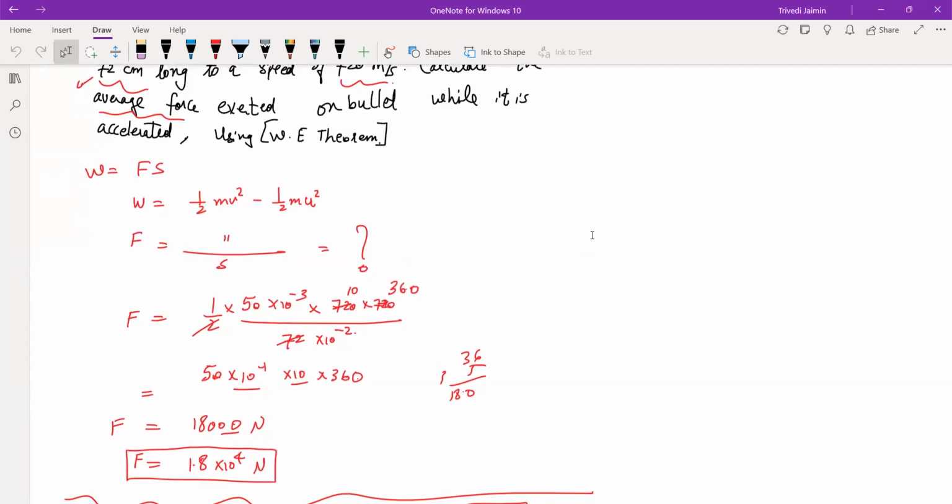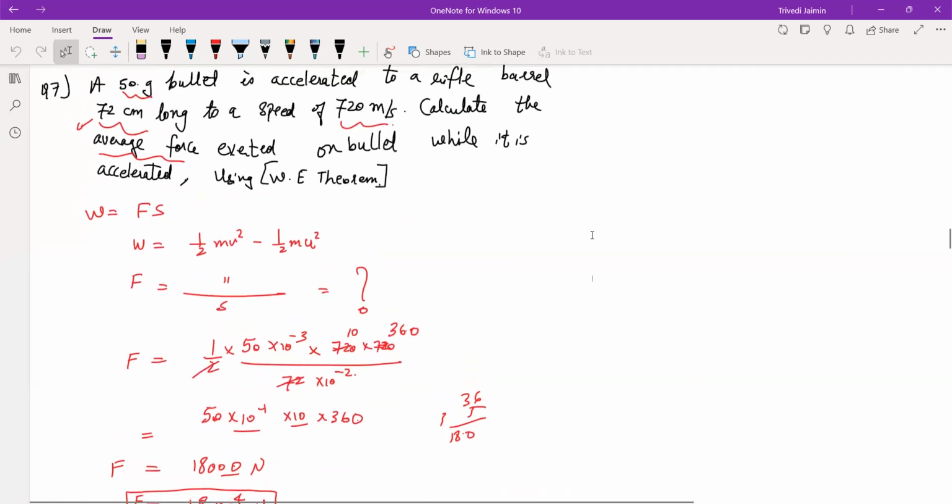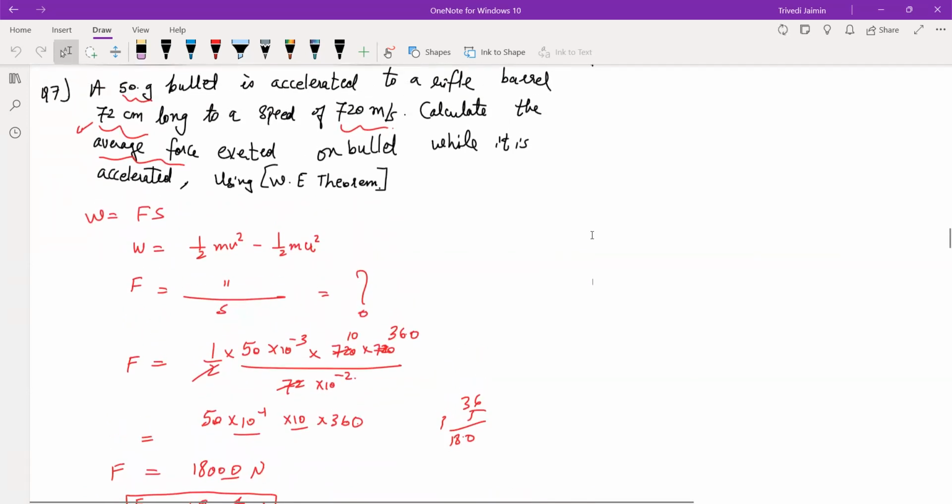Yeah, 36 into 5 is 180, with the zeros it will be 18,000. How did you get 180? Where did you miss some zeros? I think you didn't convert the centimeters to meters. Have you converted centimeters to meters? Yes, sir.